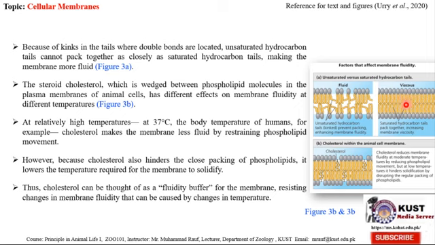Saturated fatty acids have straight tails, so the fluidity of this membrane and its permeability will decrease if it is rich in straight chain fatty acids. And there the cholesterol pushes the phospholipid tails on both sides, but at the same time it also creates a room in between.